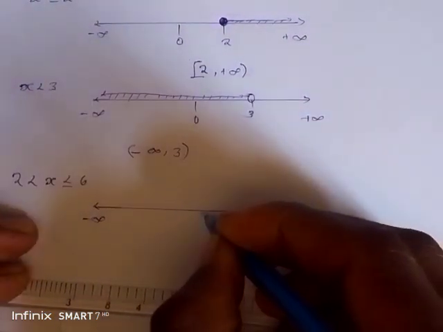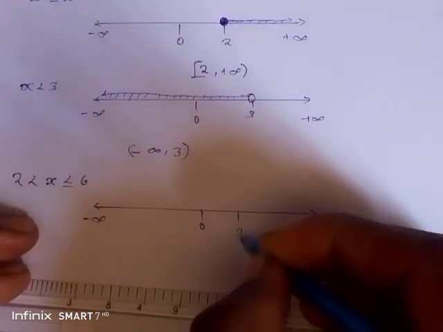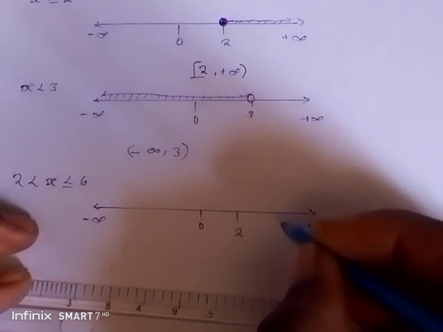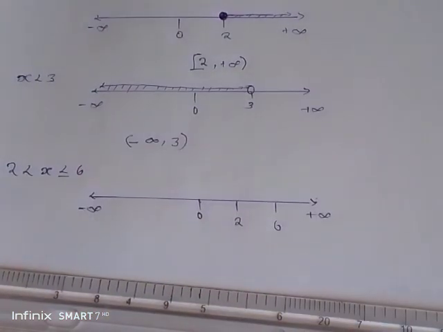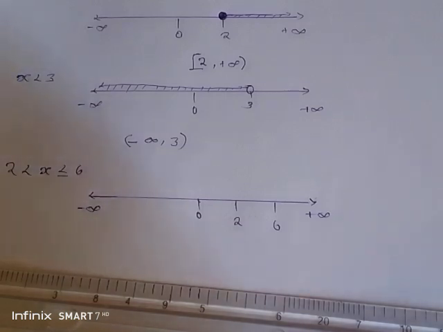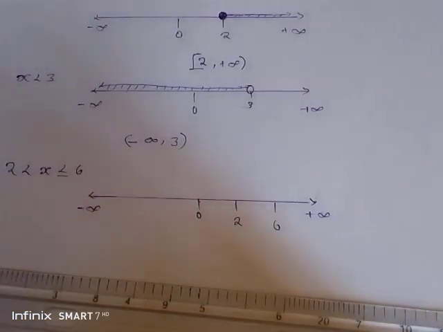Then here we are going to have our 0, our 2, and maybe a 6 here. Okay, so we are told that 2 is less than x, less than or equal to 6.